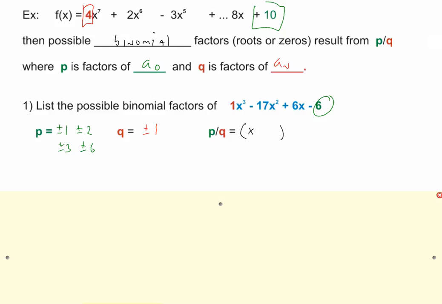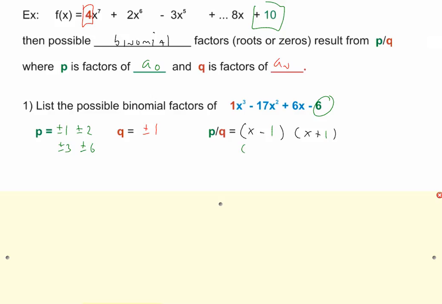I'm going to start with my p-values, and I'm always dividing by 1 or negative 1, so it doesn't matter on that one, in this example. So how about x minus 1, right? That's a possible factor. And I'm going to go to its right and do x plus 1. And I'm just going to keep working my way.